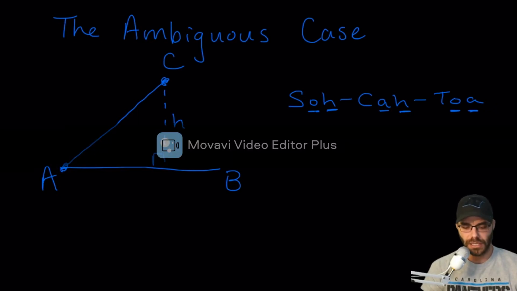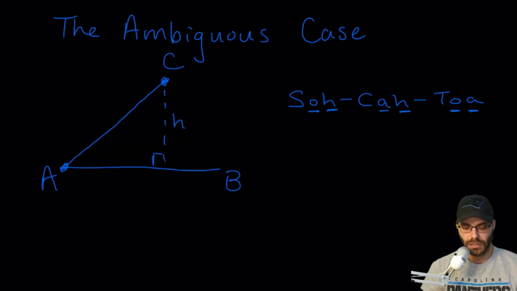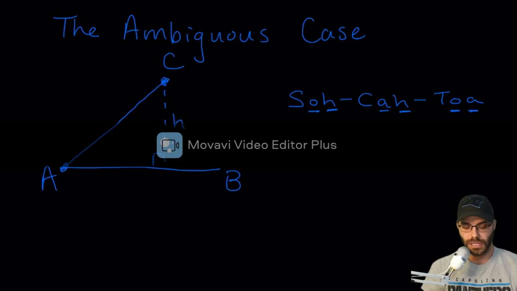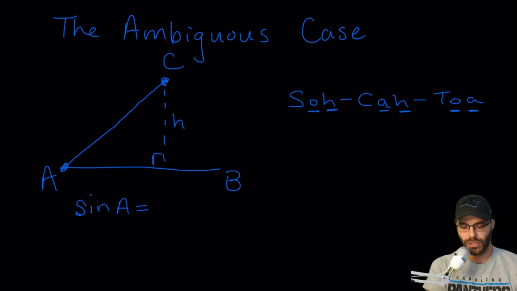If I say, let's look at angle A. Well, I know sine of angle A is equal to the opposite side, which in this case, opposite of A would be what I've labeled H, over the hypotenuse.